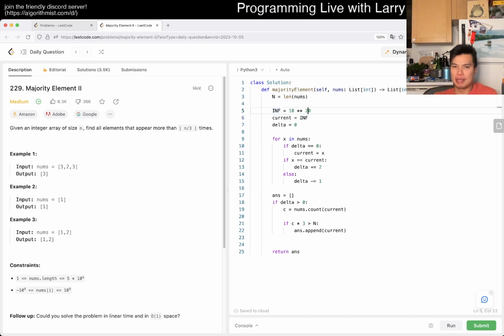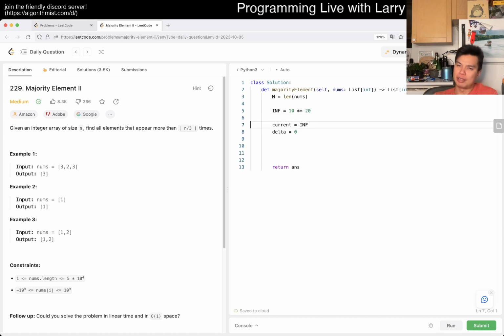I'm thinking maybe something like, I don't know if this generalizes. I think that's the thing, right? So you have current 1, delta 1. And then maybe if delta 1 is equal to 0, current 1 is equal to x.